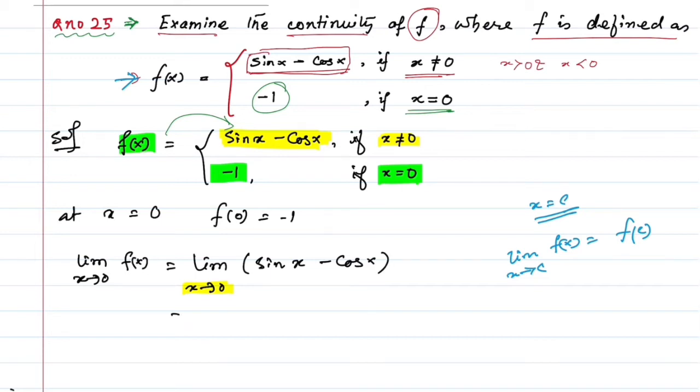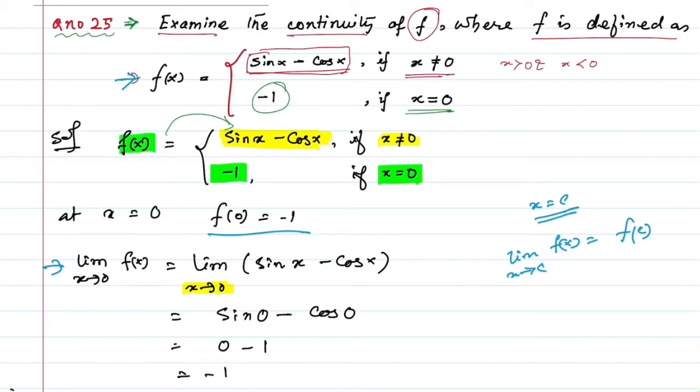So let us replace the x by 0, then what will we get? Sin 0 minus cos 0. We know sin 0 is 0, cos 0 is 1. So 0 minus 1 is equal to minus 1. So here you see clearly f of 0 is equal to minus 1 and limit x tends to 0 of f of x is also equal to minus 1.